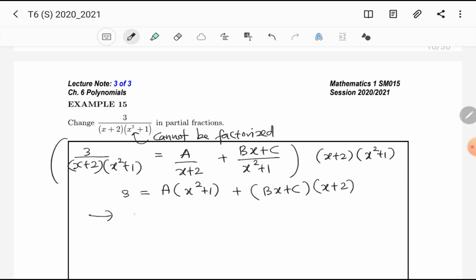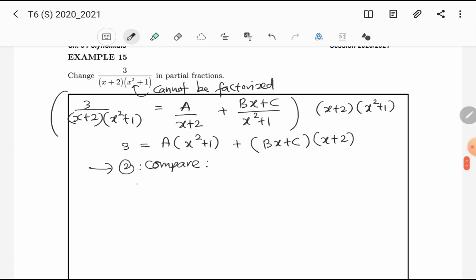Okay, for this case, I want to show you how to find A, B, and C using the second method, which is by comparing. Okay, so to compare, we need to expand first. So 3 equals to Ax squared plus A plus Bx squared plus 2Bx plus Cx plus 2C.